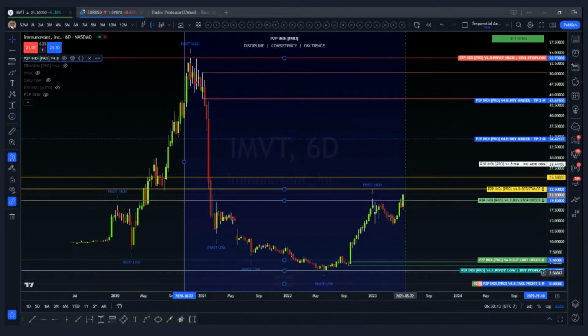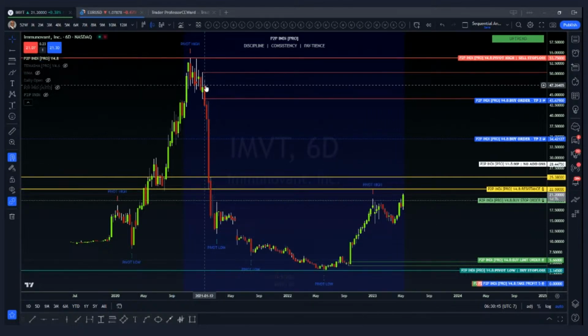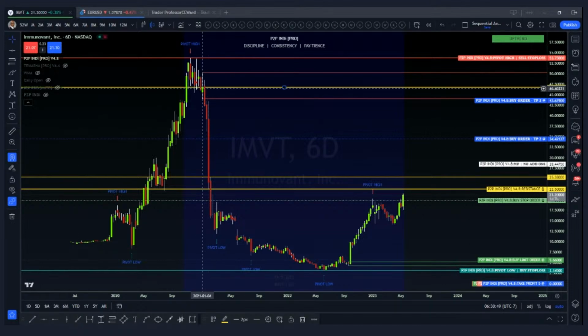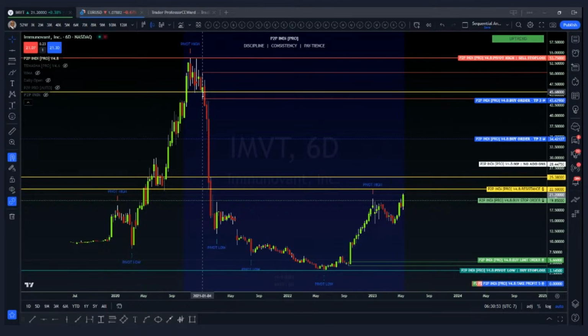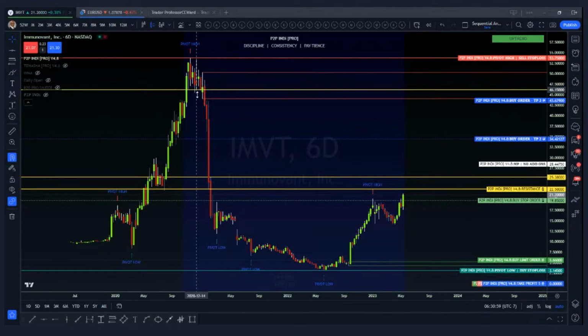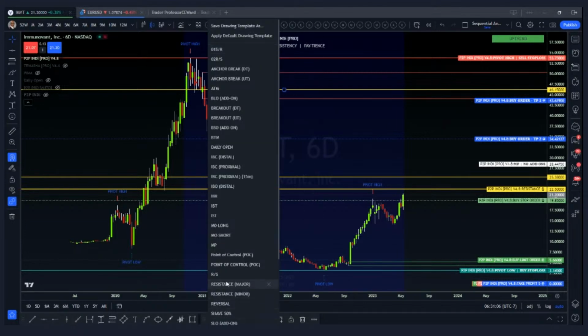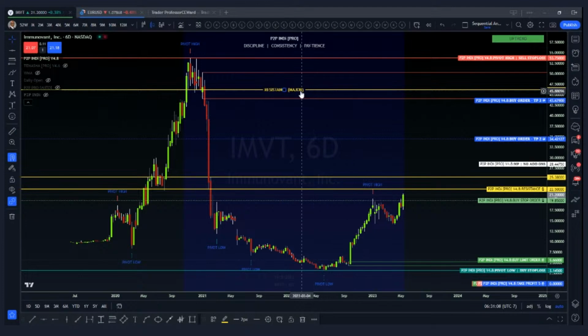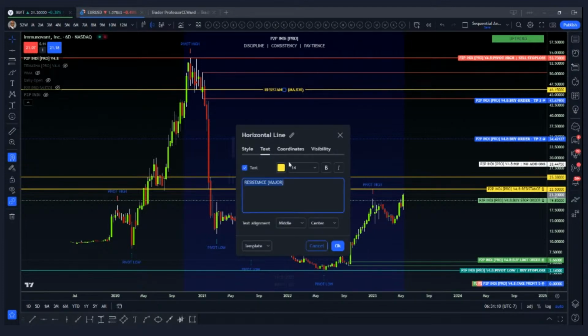Actually, we already got that there. 40. All right, let's do that one. Let's call that major resistance, and let's put that on the 6 day.